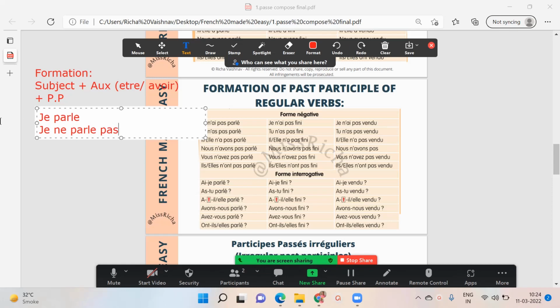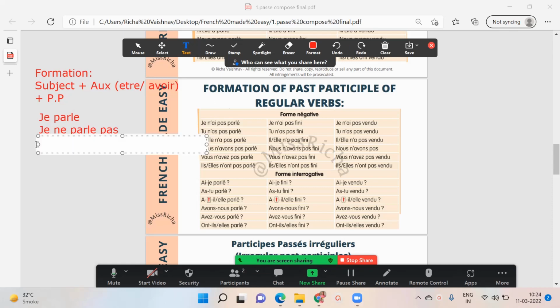Right? We add ne before the conjugated verb and pas after the conjugated verb. The same rule applies here. We are going to add ne before avoir and pas after avoir. Please remember the PP, that's the past participle, always remains at the end.